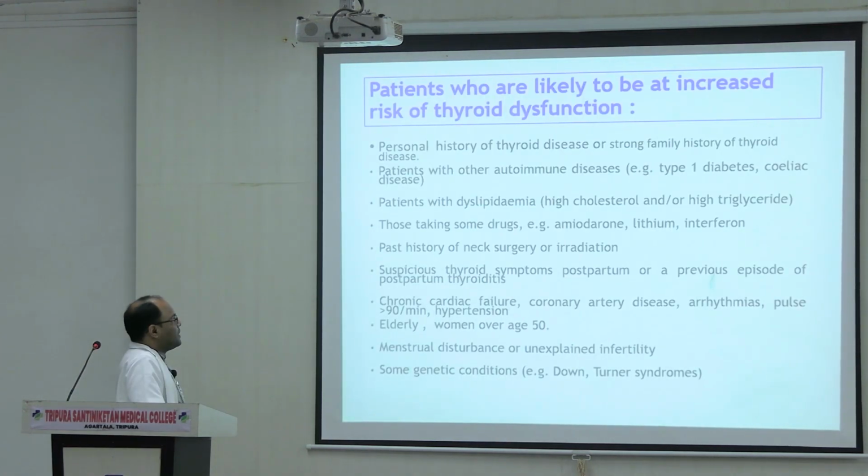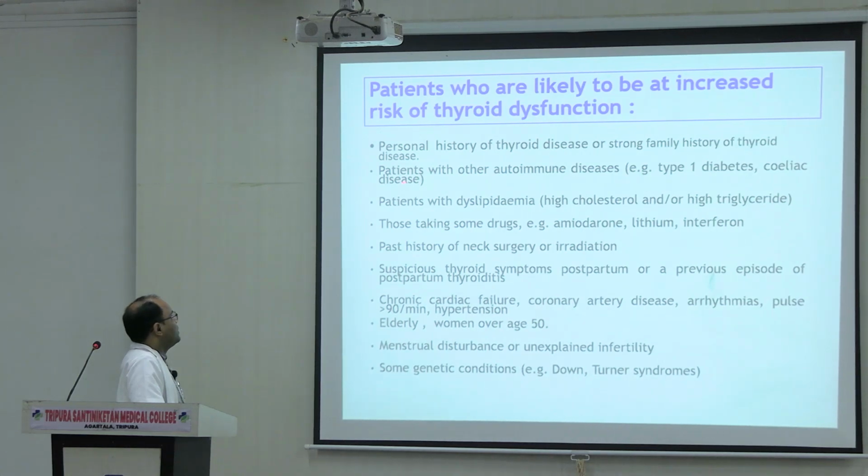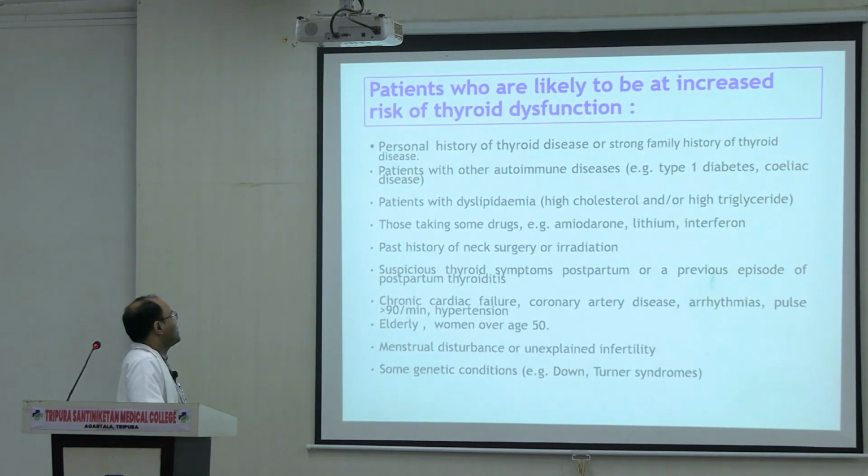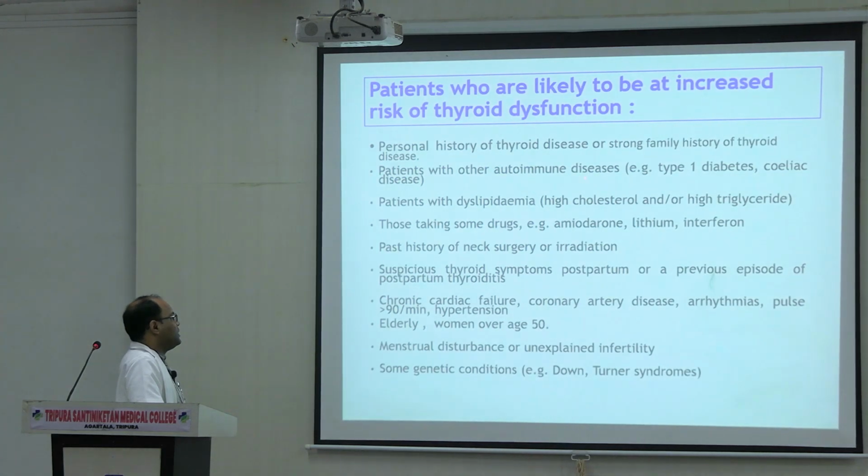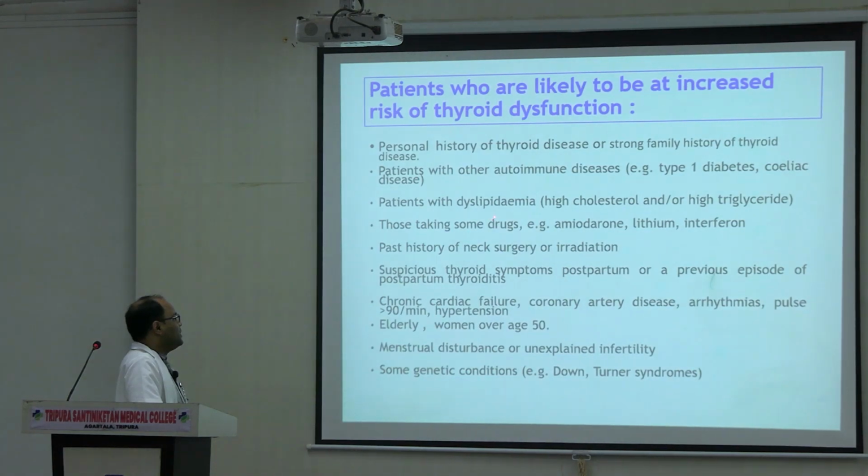These kinds of patients sometimes develop thyroid problems: a patient with a history of thyroid disease or a strong family history of thyroid disease. Patients with autoimmune disease, like type 1 diabetes or celiac disease. Patients with dyslipidemia, with high cholesterol level. Those taking some drugs like amiodarone, lithium or interferon gamma.